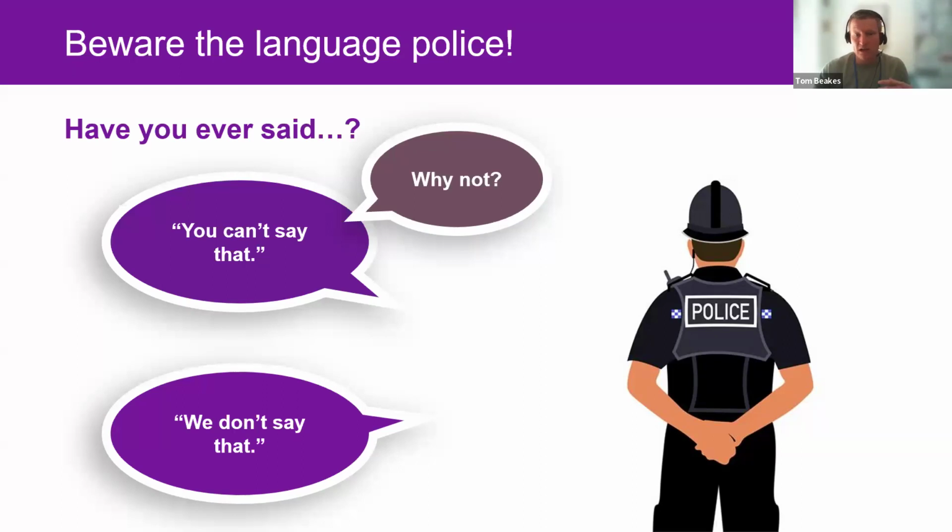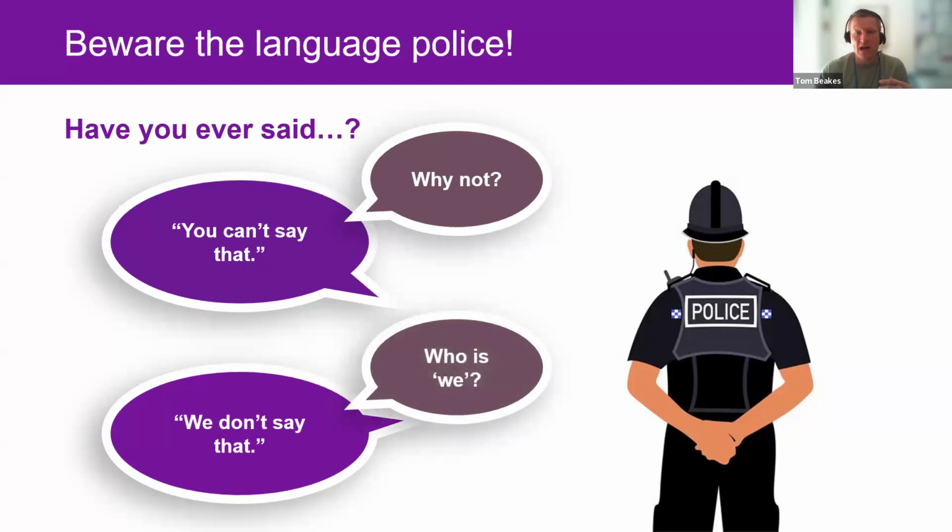If we're saying something like "we don't say that," I think it's important to ask, well, who is "we" in this sentence? And again, if the answer is, well, people like me or educated native speakers of my particular variety of English, then again, take a moment, because unless you're familiar with every single variety of English that's spoken in the world, are you sure this isn't a phrase or a usage that is commonplace somewhere else?